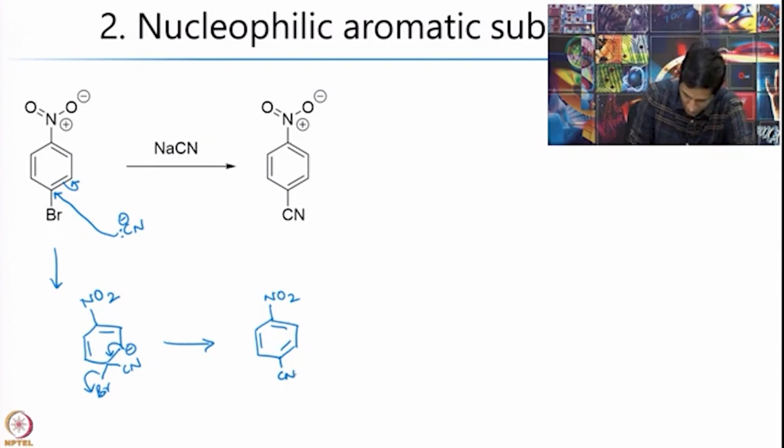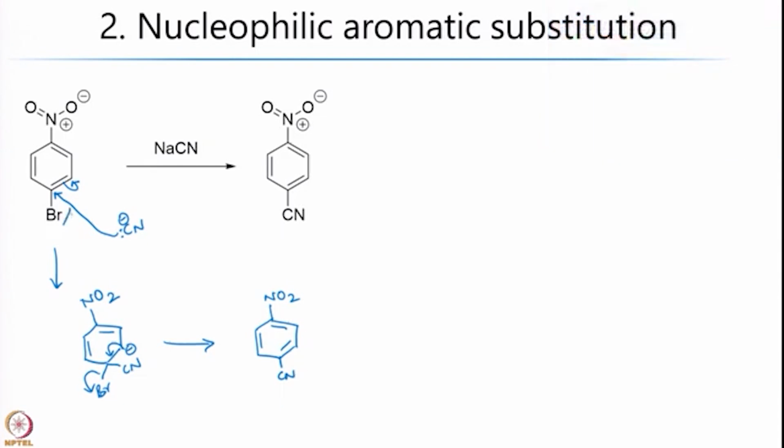So, one can also call this a leaving group, Lg, and what I want you to notice is the following, that this is the carbon which had the bromine, and on the same carbon we now have a cyano group. So, this is the distinction compared to an electrophilic aromatic substitution, where the substitution occurred at ortho and para or meta based on the kind of substituents we had on the initial reactant, right.